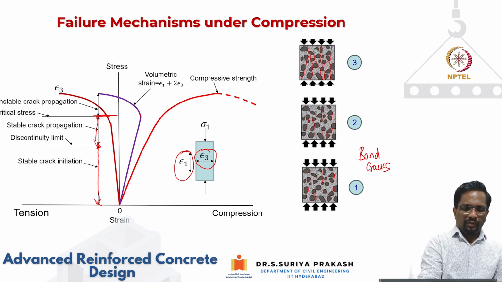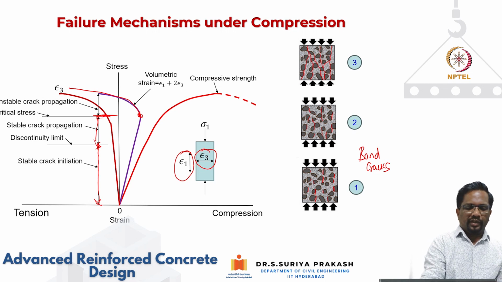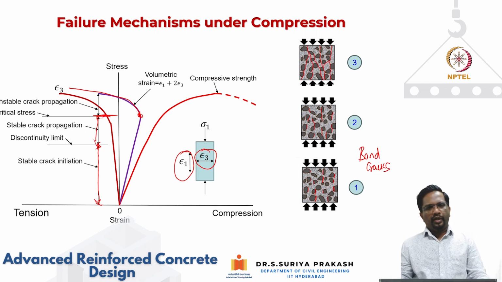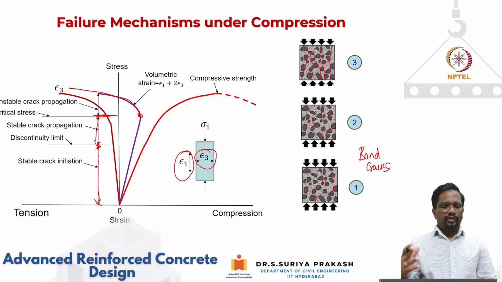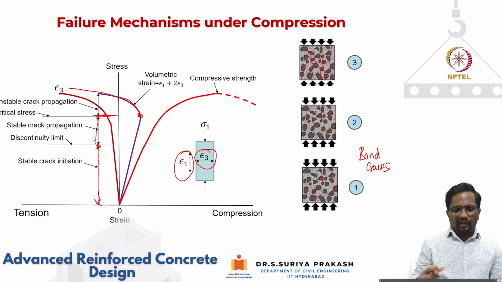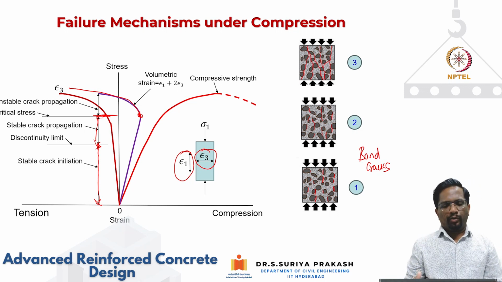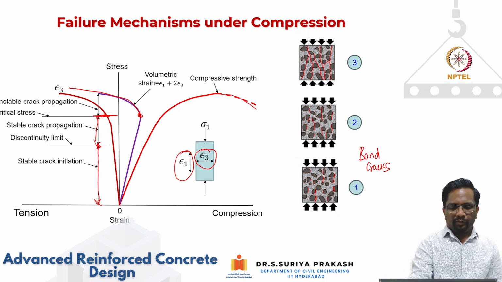So after this critical stress limit, the volumetric strain changes from compression to tension like this. Usually this critical stress level happens at about 90% of your compressive strength. After that, you'll have unstable crack propagation, and then you will have this kind of post peak behavior.